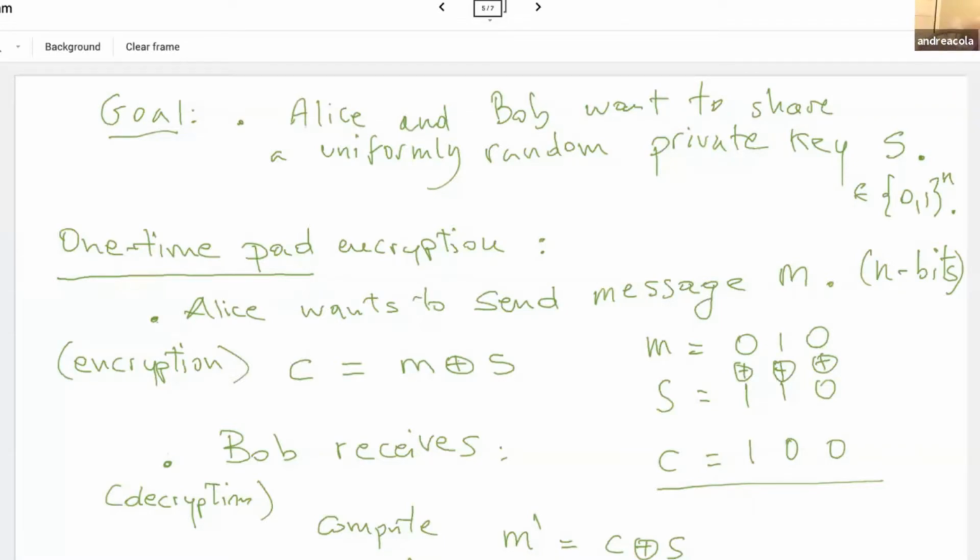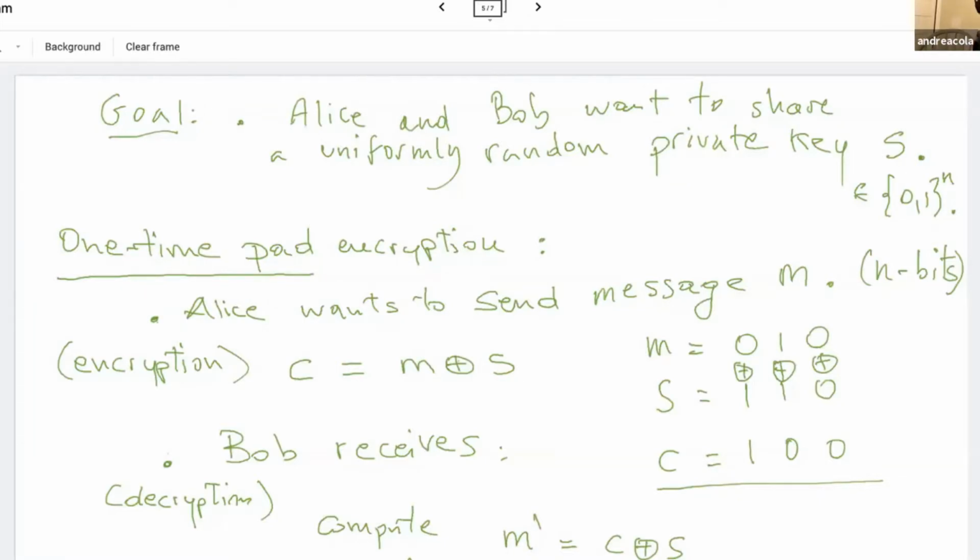Awesome. Does anybody have some intuition as to why this scheme, if you assume that Alice and Bob share a uniformly random private key S, only known to them, nobody else, is unhackable?